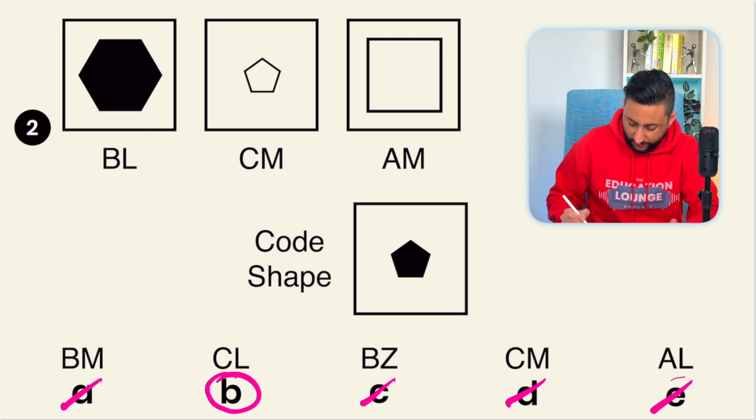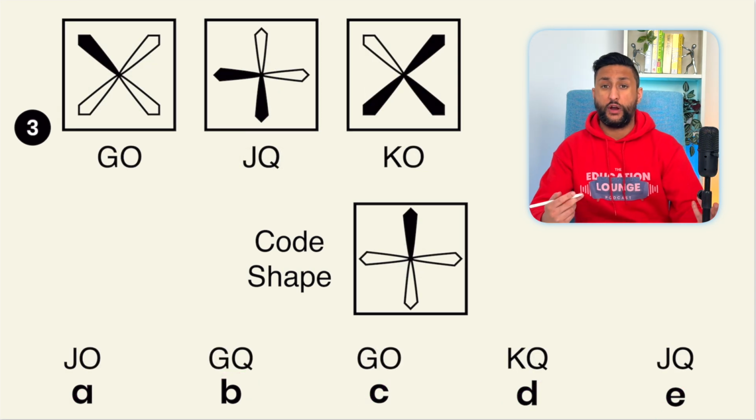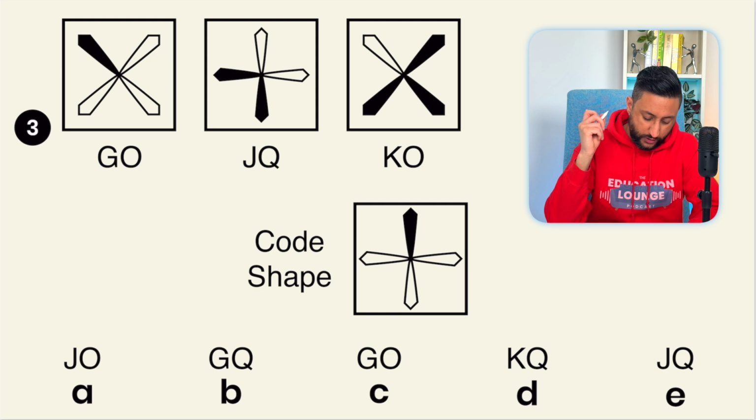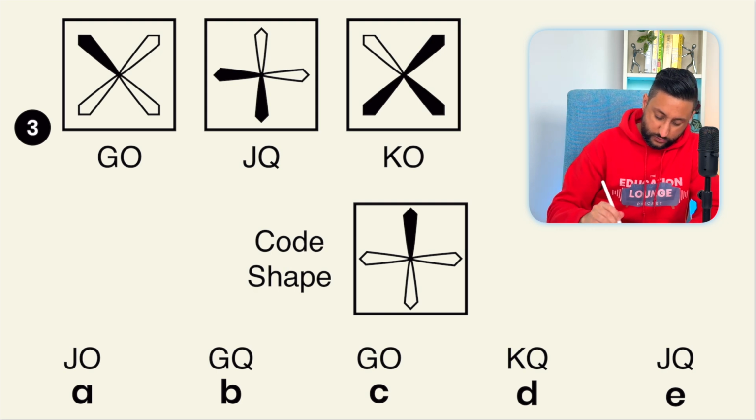We can eliminate that. Question 3, this is our final two-letter code question, and then we're going to move on to 3s and 4s. So we have G-O, J-Q, K-O. The second position has an O in the first and last shape, but a Q in the middle.